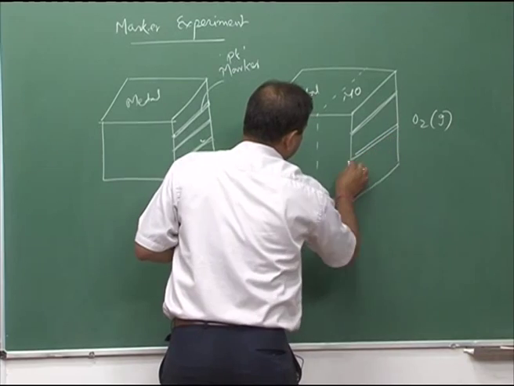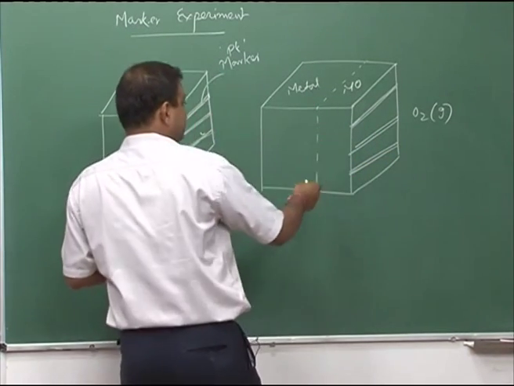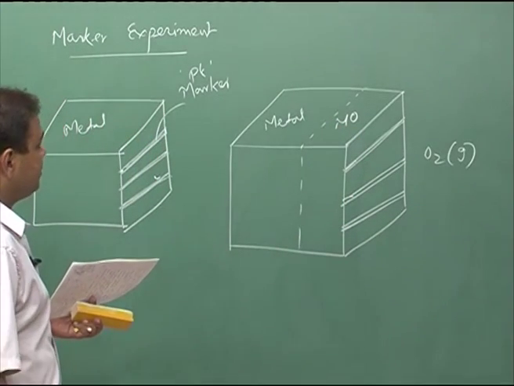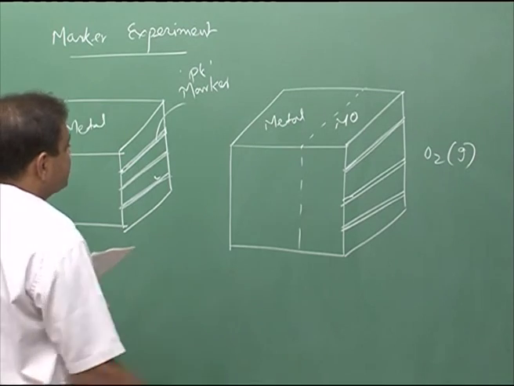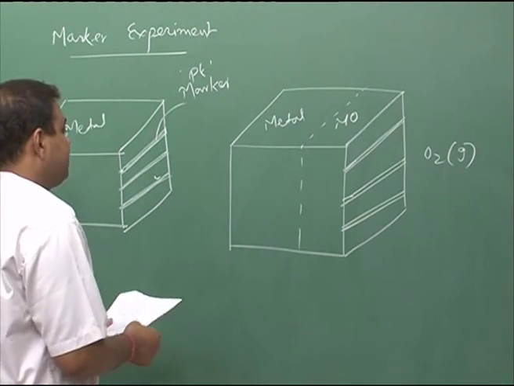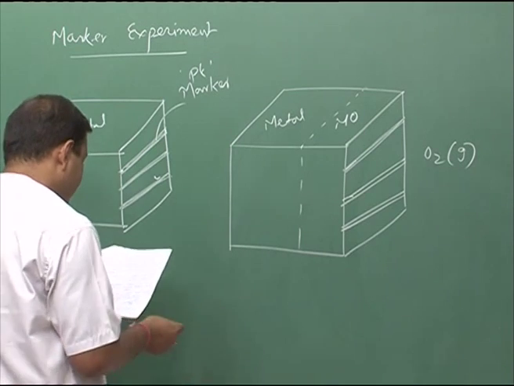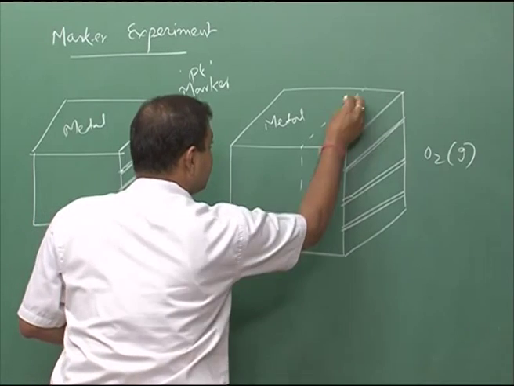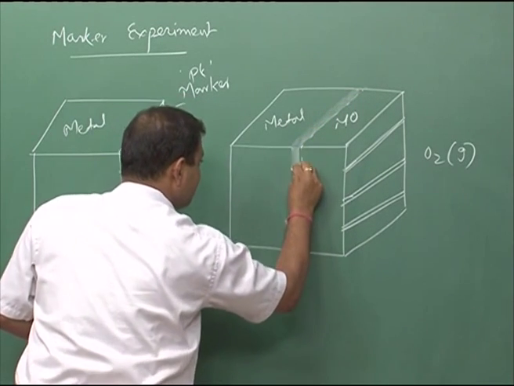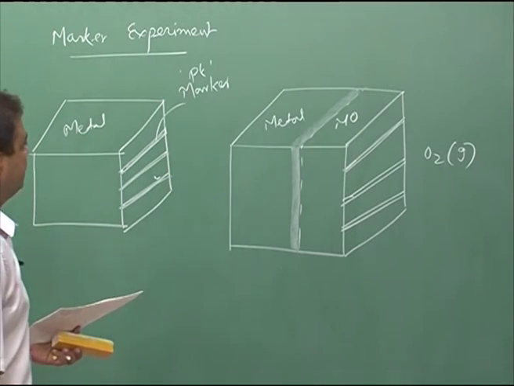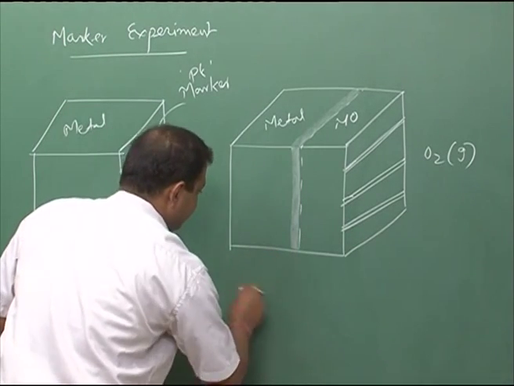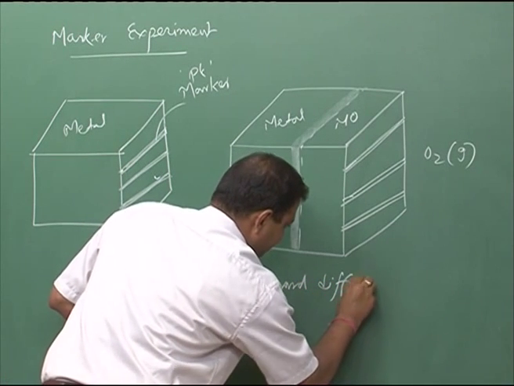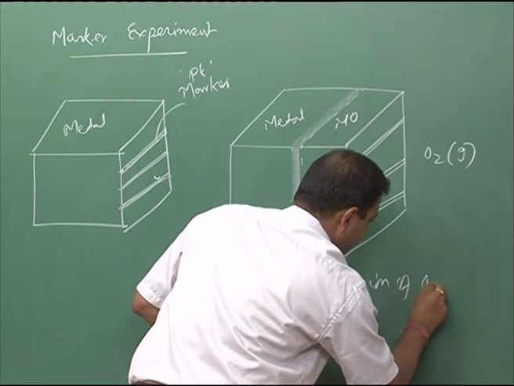If the platinum markers are on the outside of the surface which is getting oxidized, then we can tell that the oxidation growth is taking place on this surface. That means this is happening due to inward diffusion of oxygen.